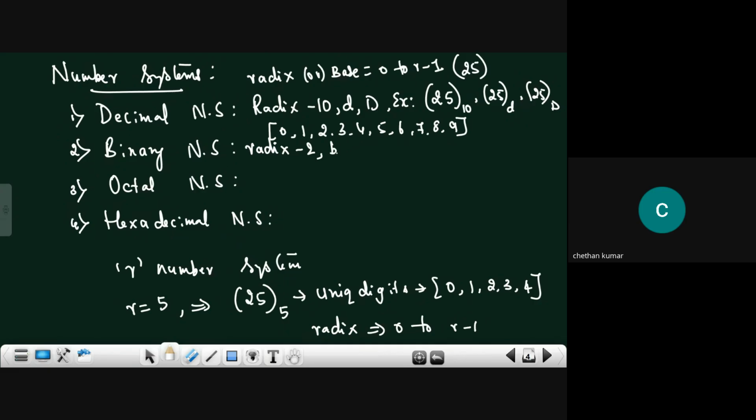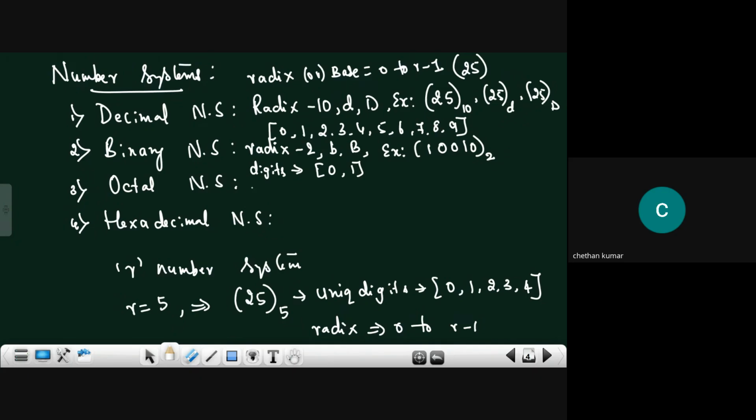You can write a B or a capital B. An example is 0010, base 2, or you can write B or capital B. What are the digits of binary? The digits are 0 and 1.